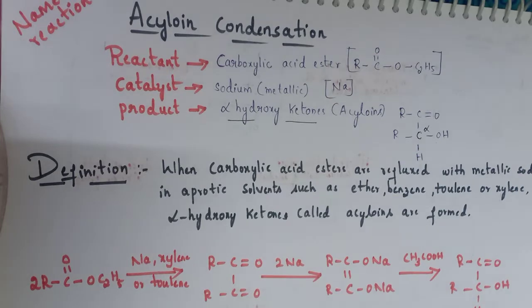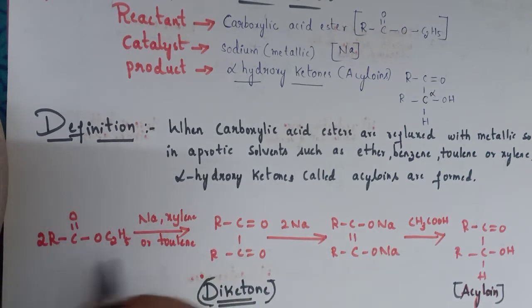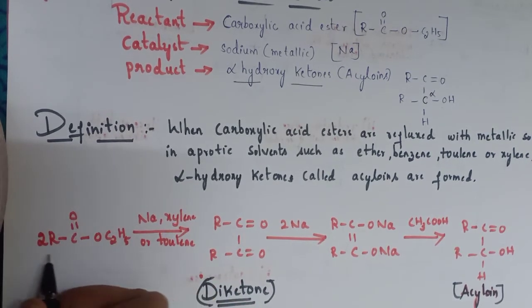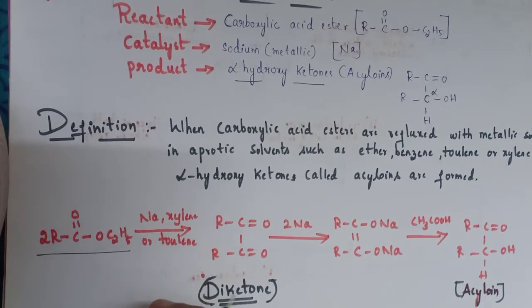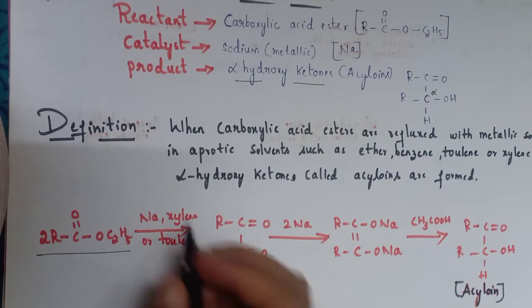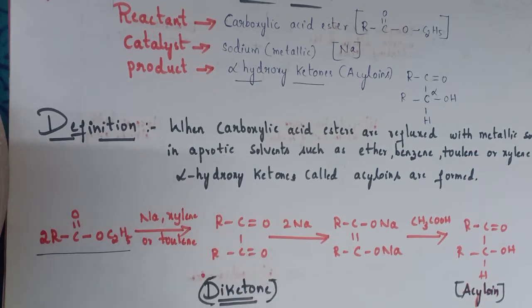So let's study the general reaction of this Acyloin condensation. As you can see, here is a carboxylic acid ester, COOR. Here they have taken 2 moles of this carboxylic acid ester and reacted it in the presence of metallic sodium in xylene or toluene, which are aprotic solvents.